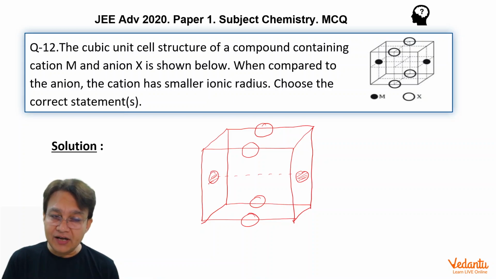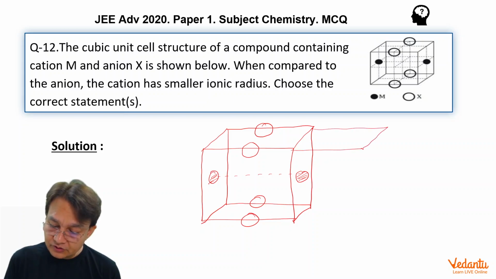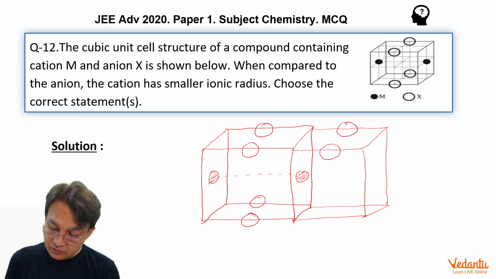So what has been done in this problem is, let me show you. If I extend this cube, and take it like this, by the natural symmetry of the problem you can see these two atoms should lie here and another atom should lie here.